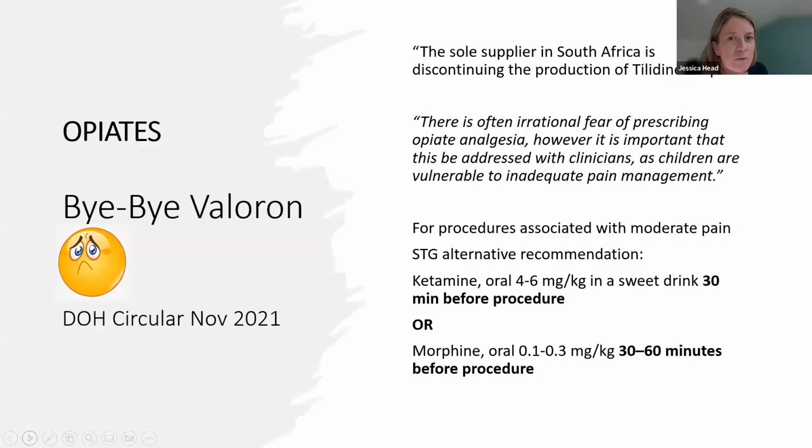But what I really want to move on to talk to you about is opiate use in the emergency department. I think we were all very sad to have to say goodbye to Valeron, everybody's friend. We all got very used to using Tilidine or Valeron drops, an opiate analgesic, for when children came in with fractures or burns particularly, or when they needed burn scrubs, fracture manipulations and even wound suturing.